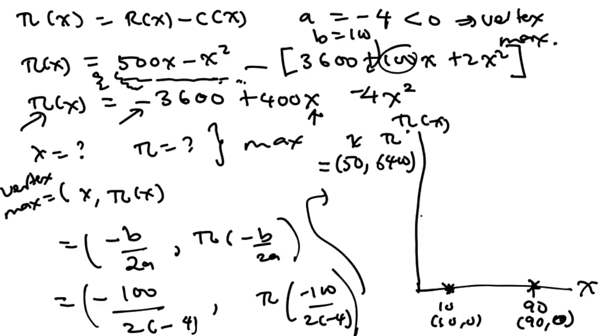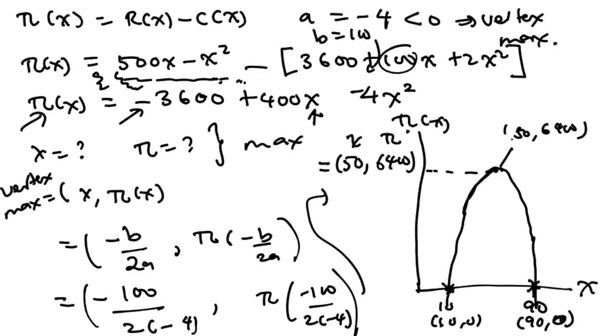And we did find the vertex just now. Our vertex is 50 for x and 6,400 profit. So let's say it's here, 6,400 profit here. So we join these 3 points to get a parabola, but it is an inverted U, in which we have (50, 6,400) as the vertex.